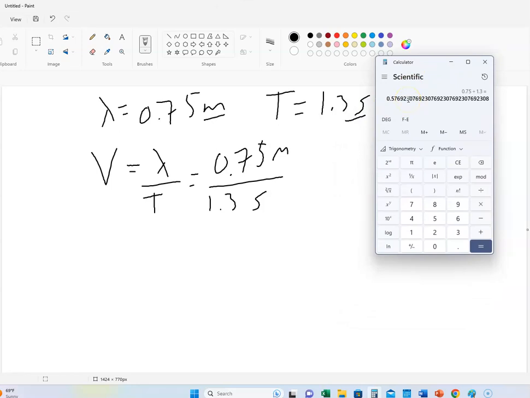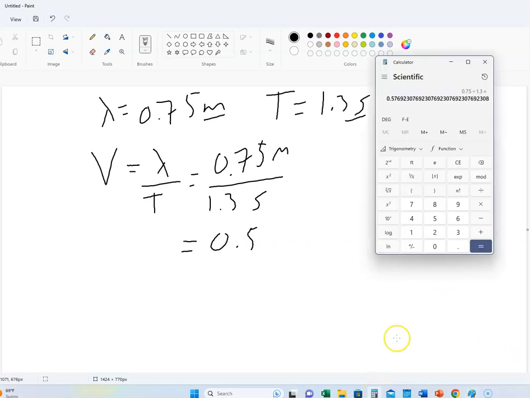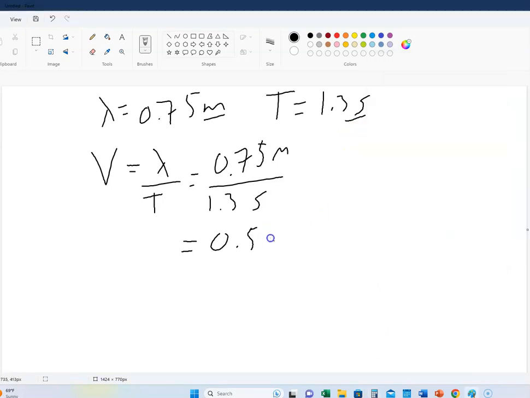So 2 places past the decimal is 0.58 meters per second. So that's the velocity of this wave, 0.58 meters per second.